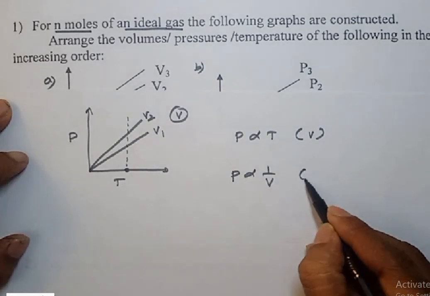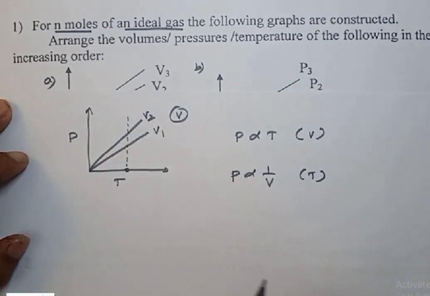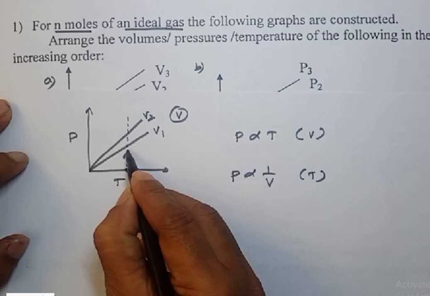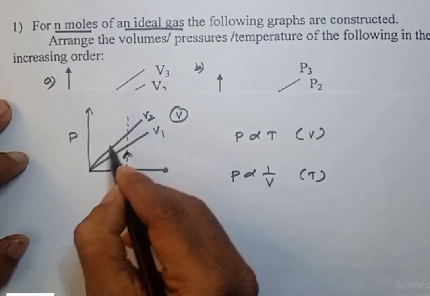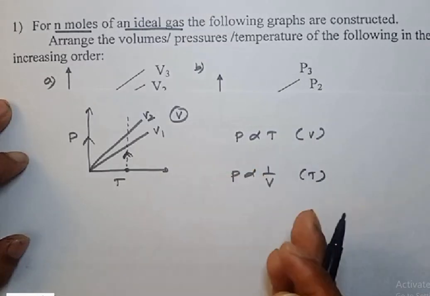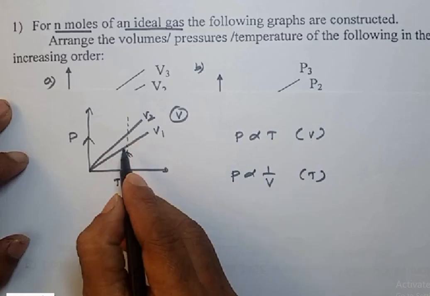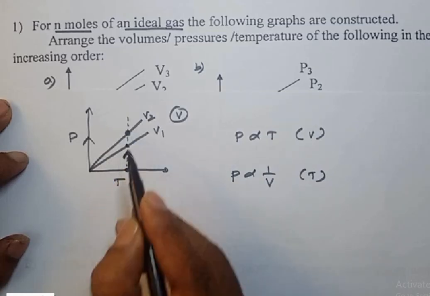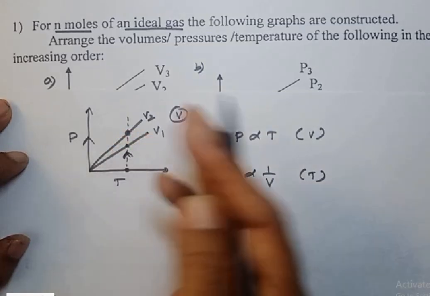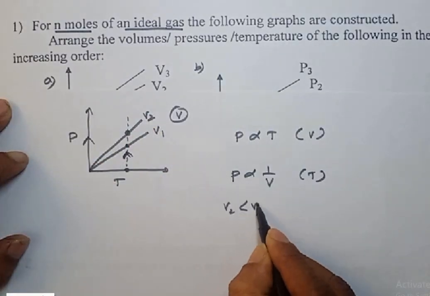If temperature is constant, then pressure and volume are inversely proportional. As we go above and above, pressure increases, therefore volume is supposed to decrease. Here pressure is low and here pressure is high. At high pressure, volume is supposed to be low. So among these two, V2 is less than V1.